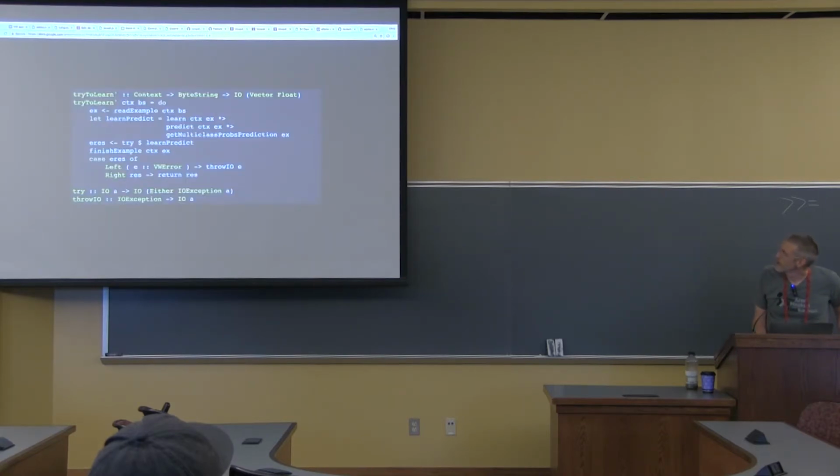So if I were to just do the next simplest, stupidest thing, which is combine all of my actions into one IO, and then try on that, and then pattern match on the result, that would be a pretty obvious thing to do. What would you guys actually do to make this code exception safe?